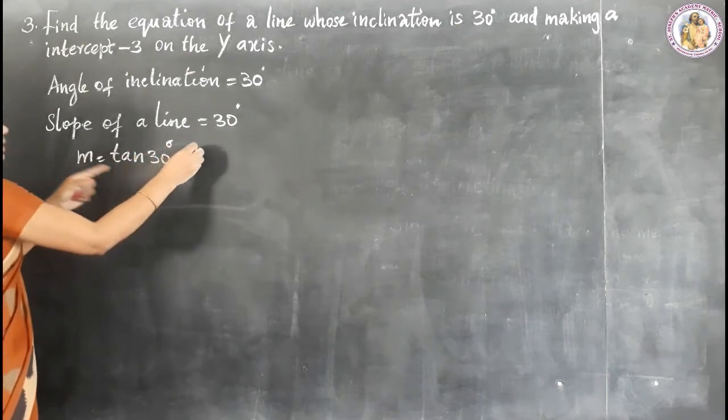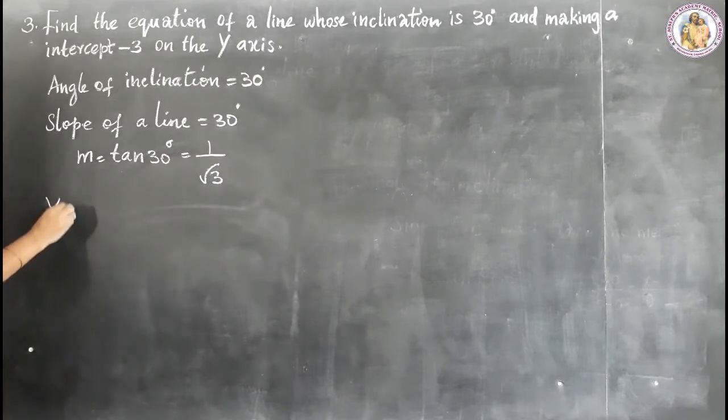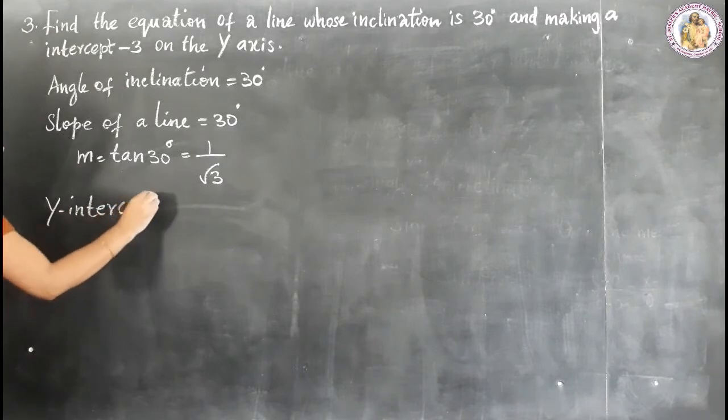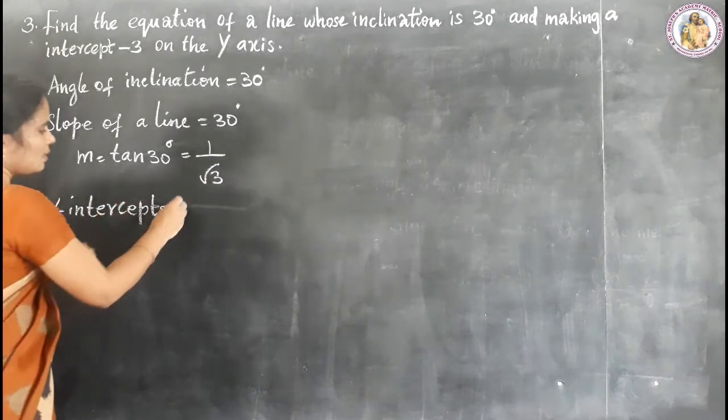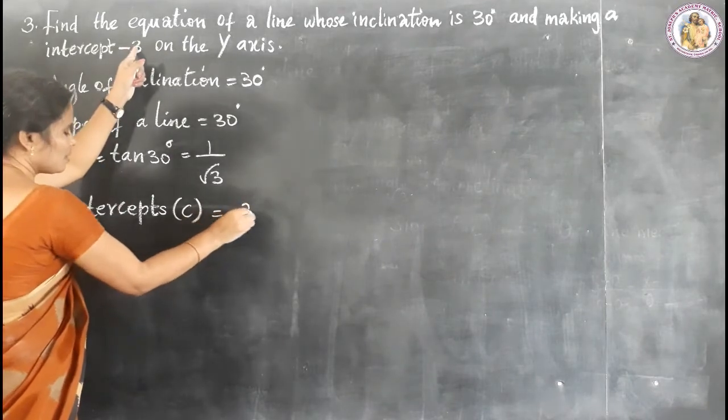Tan 30 is equal to 1 by root 3. Okay, and now the y-intercept c is equal to minus 3.